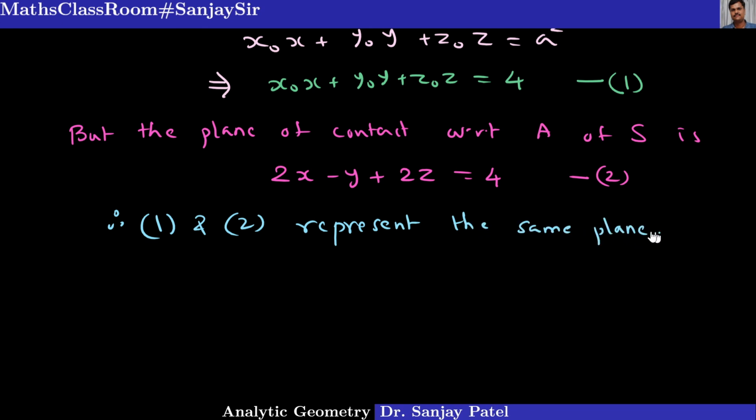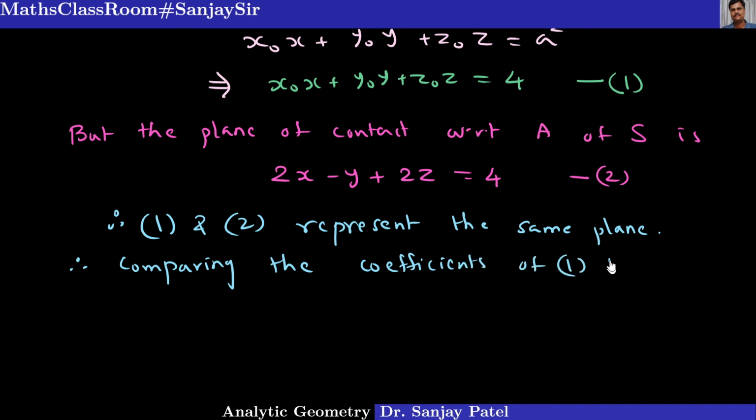Okay, so we can compare the coefficients. Comparing the coefficients of 1 and 2, we get x0, the coefficient of x in equation 1 divided by the coefficient of x in 2, is equal to y0 upon minus 1 is equal to z0 upon 2, and that is equal to 4 upon 4, which means 1.